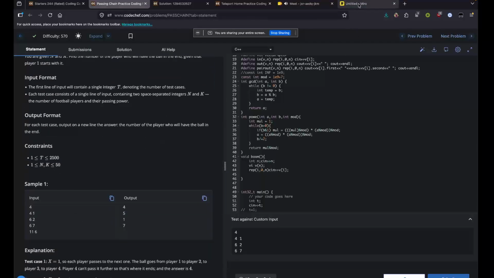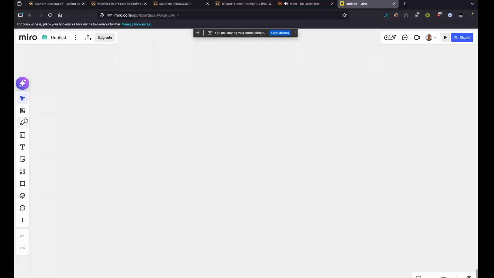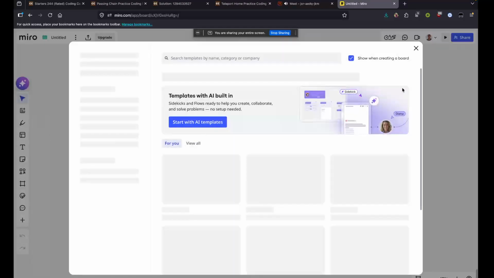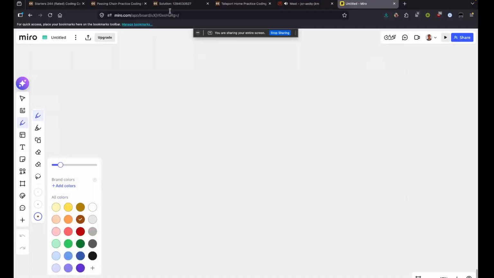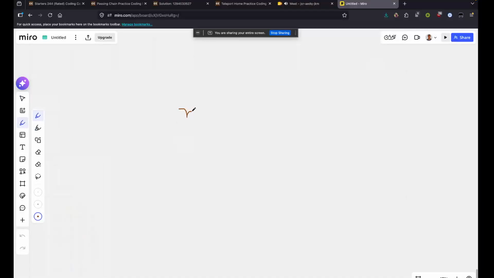But my approach was a little different. Let me give a second. We are given n and k, and we need to find how many players can have the ball in the end.